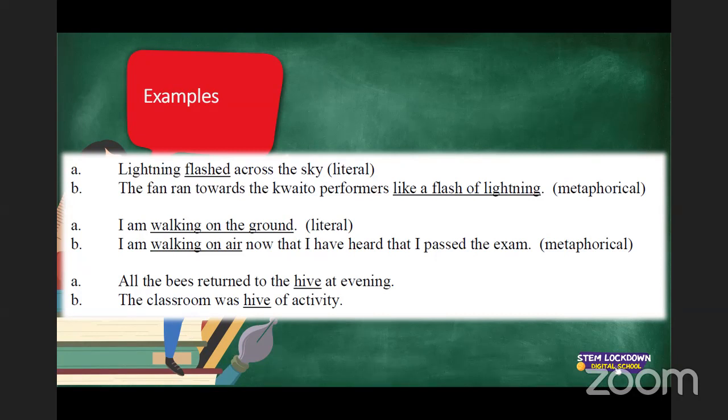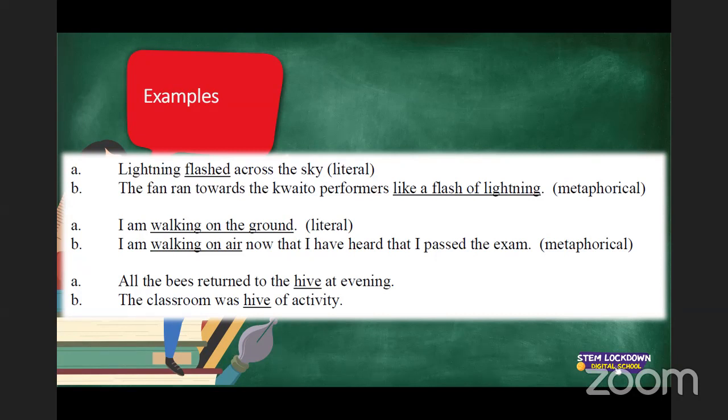Okay, so in each sentence A, we are using the word or phrase in a literal sense, and there's actual lightning in the sky, as we've said. I'm actually walking on the ground, and there are real bees flying home. And in each sentence B above, we are using the words and phrases figuratively or metaphorically. The fan is running quickly, but not as quickly as lightning.